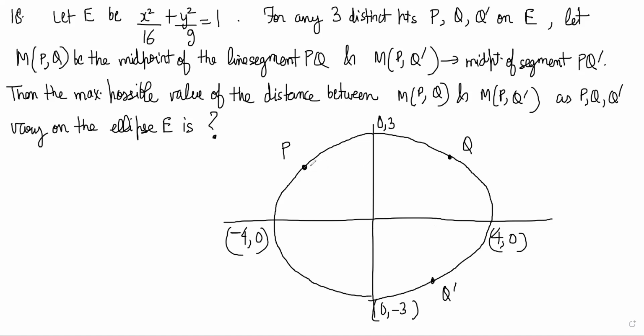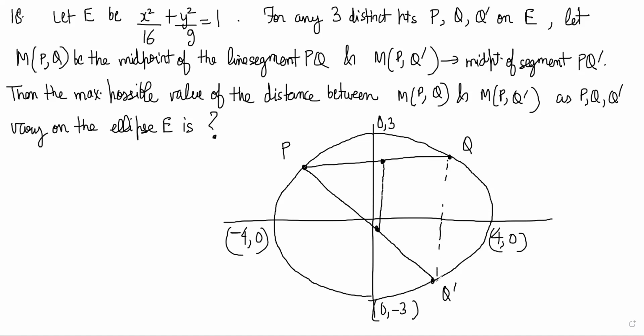Midpoint of PQ, right? And midpoint of PQ dash. If I join these midpoints, we have to find the maximum possible value of this distance, right? So it is natural to join this, right?